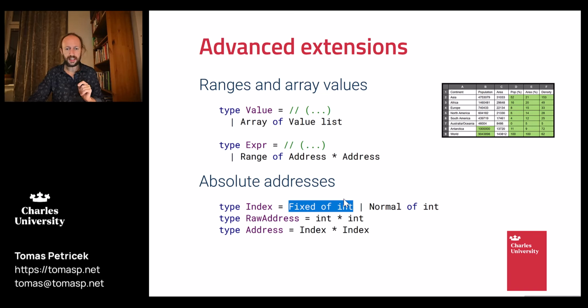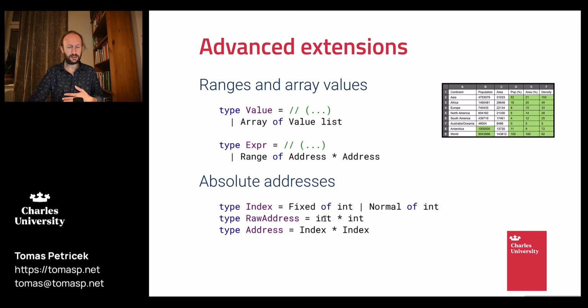It's worth noting that you can do this independently on both of the column row indices. So you can say a row is fixed, but column is flexible, or both are fixed, and so on.